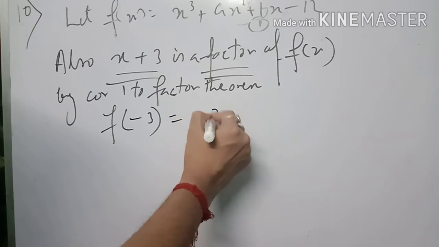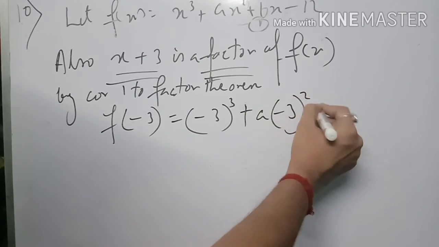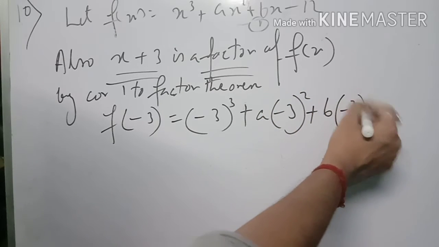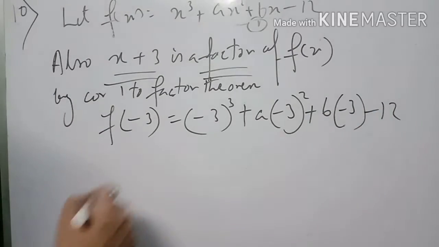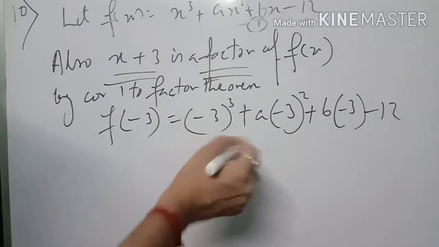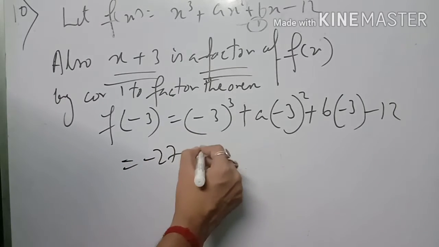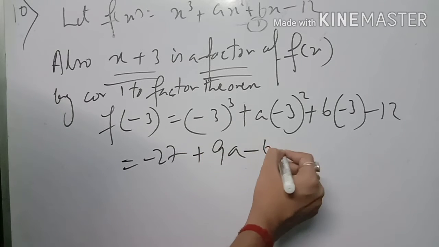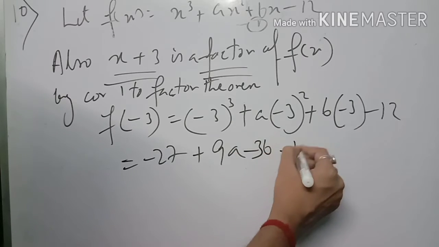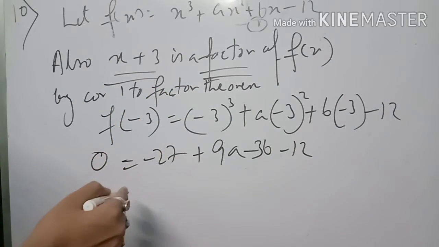So it will become minus 3 cube plus a into minus 3 square plus b into minus 3 minus 12. Let us continue. So it's going to become minus 27 plus 9a minus 3b minus 12, and as you all know, it's a factor, so obviously the remainder will be 0.